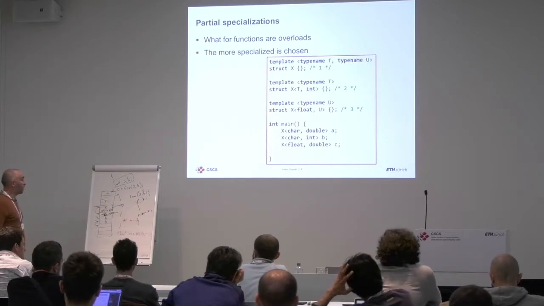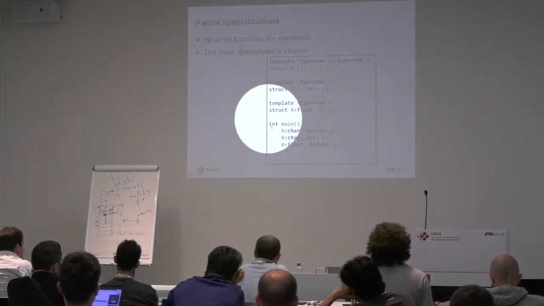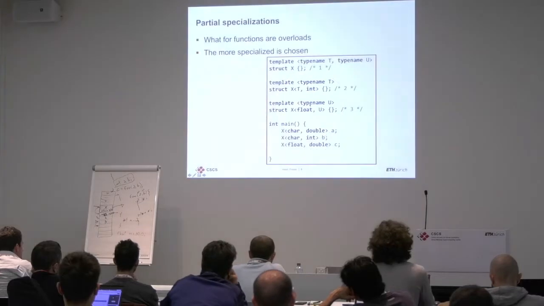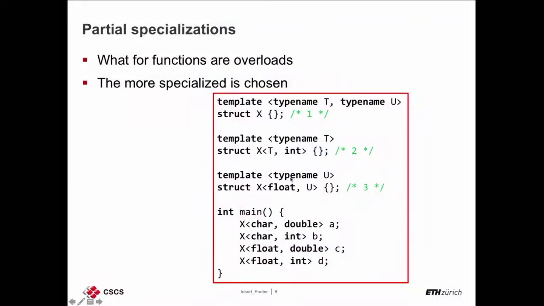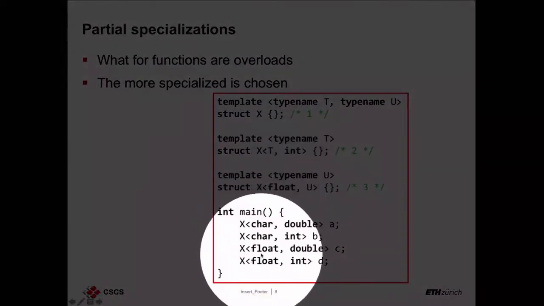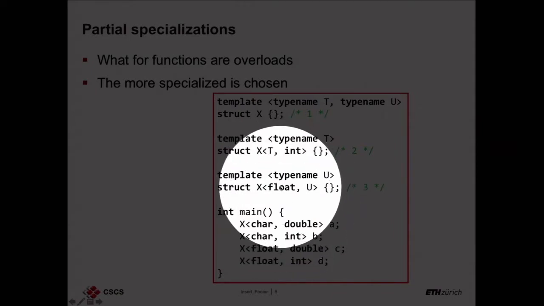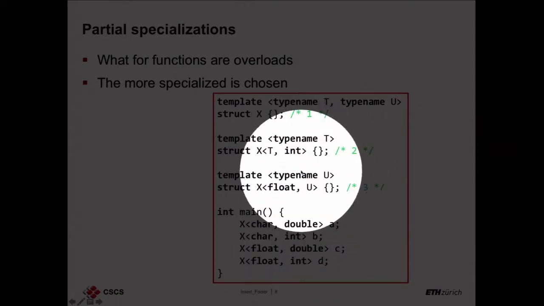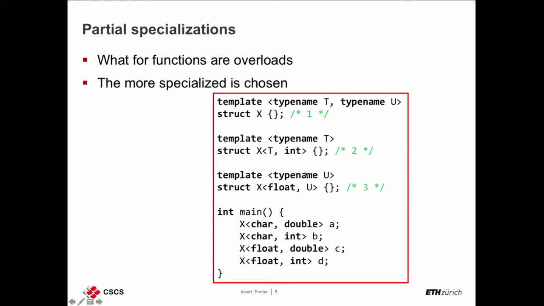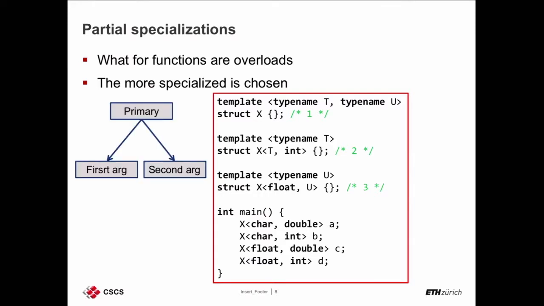So if I have a float and double, I go to this as a float. And then if I do float and int, now I match this one and I match this one at the same power. I have just the same kind of type substitution to do. So this is a compilation error. It will tell you I don't know which specialization to pick.